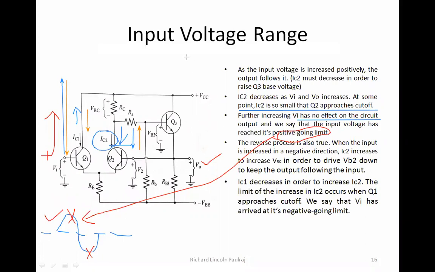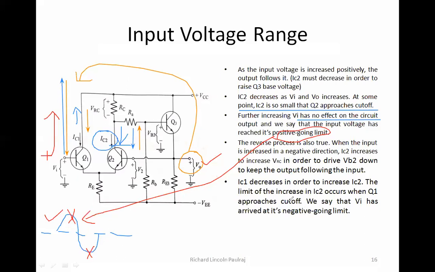Okay, fine. In the negative direction, IC2 increases to increase VRC in order to drive VB2 down to keep the output following the input. So output is made sure that it is following whatever input was given.